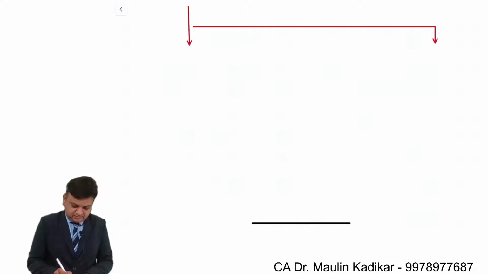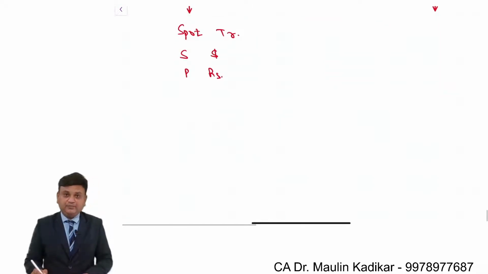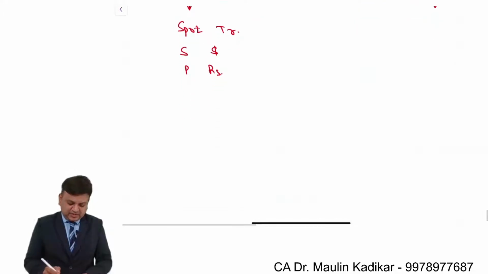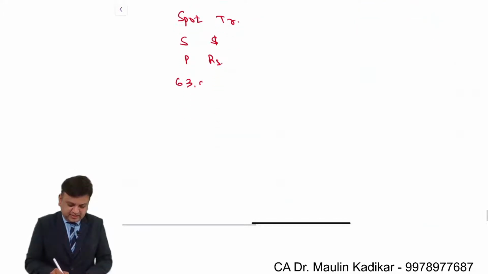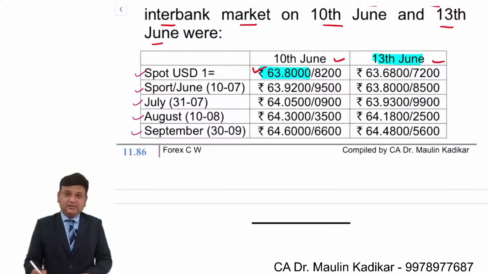Spot transaction: it is sell of dollar and purchase of rupees. We understand that the spot exchange rate is 63.80 rupees per dollar. That is the rate at which it will be cancelled.